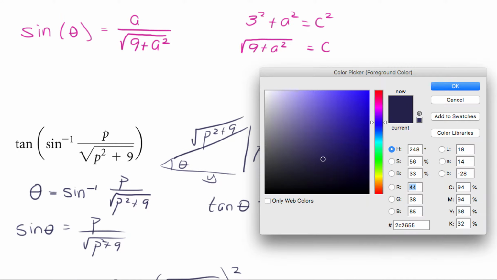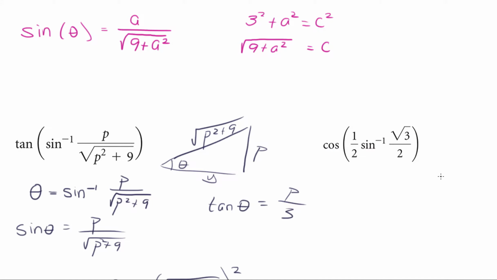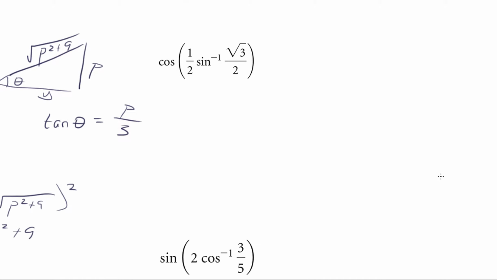Now let's increase the complexity by finding half angle and double angle formulas. So again, same technique. You write theta equals sine inverse of radical 3 over 2. Here it is not necessarily needed to write it like this because we know what sine inverse of radical 3 over 2 is.